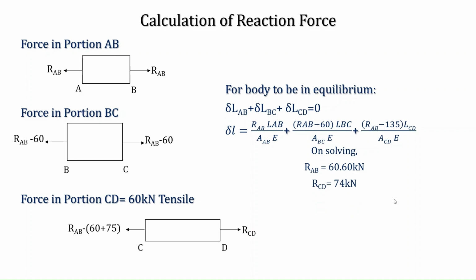Since compressive forces are acting, the reaction forces will be positive, that is 60.60 kilonewtons at the end AB, which is the extreme left end of the stepped bar, and at the extreme right end we have a reaction force of magnitude 74 kilonewtons.